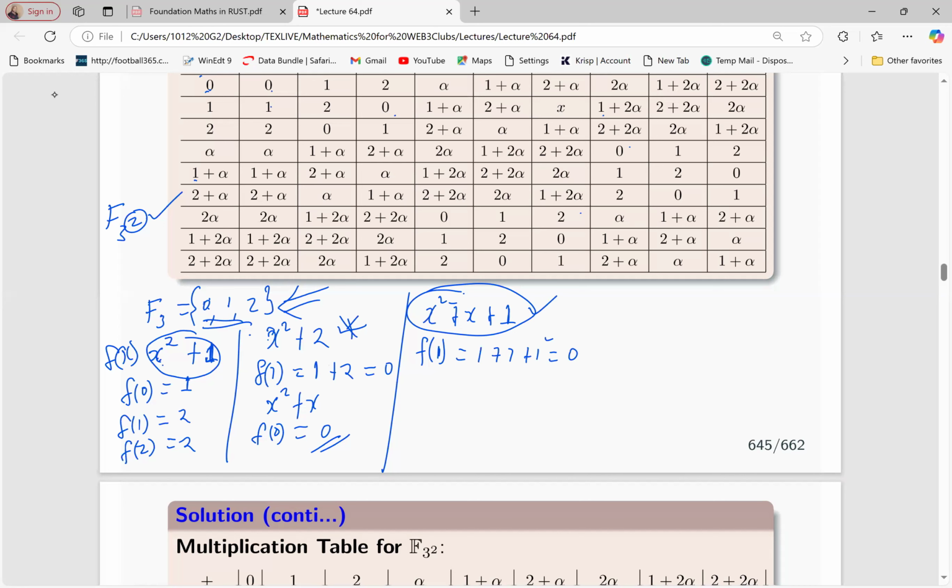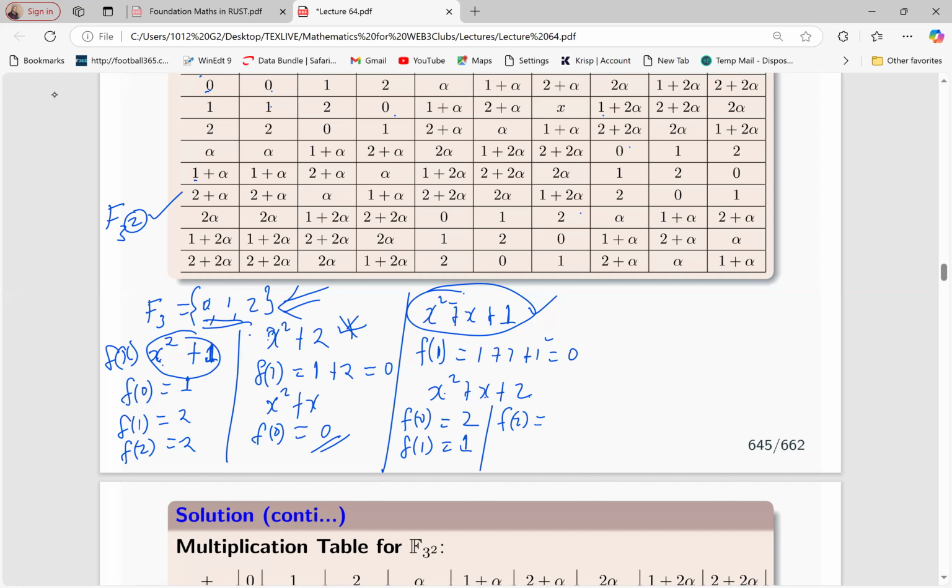What about x squared plus x plus 2? Let's try 0. Trying 0, we get 2. Try 1. This will be 1 plus 1, which is 2, then plus 2, which is 1. Try 2.